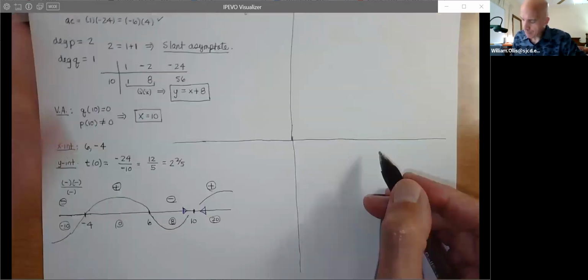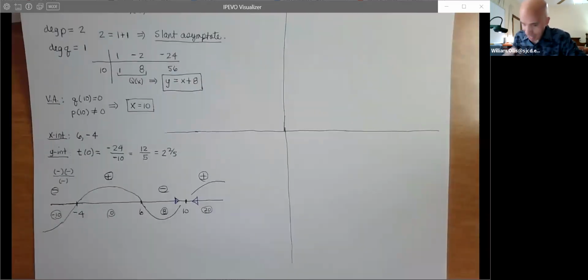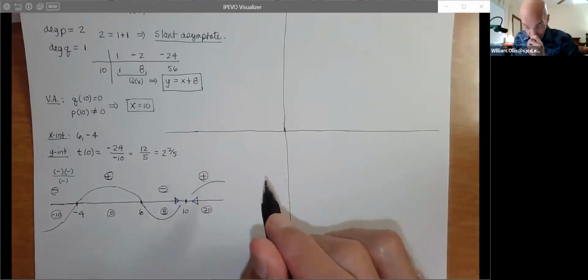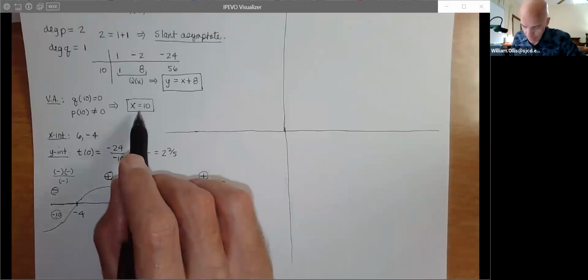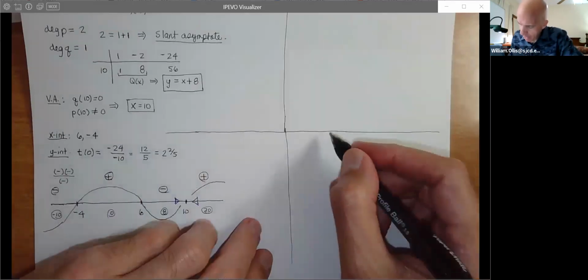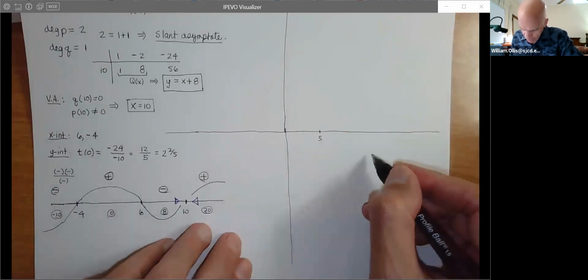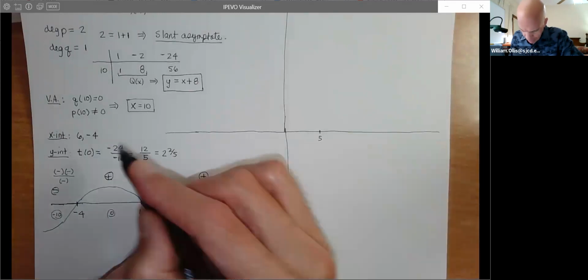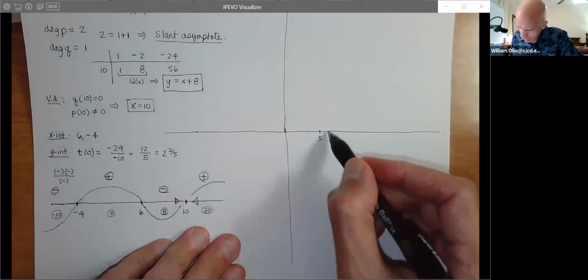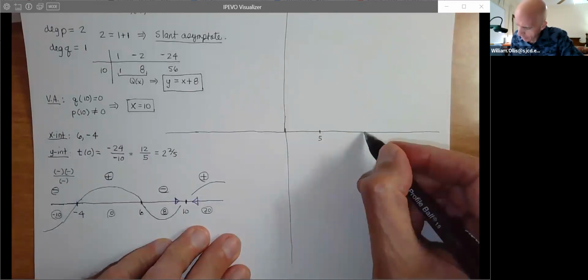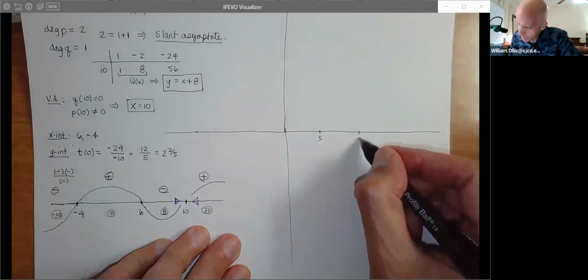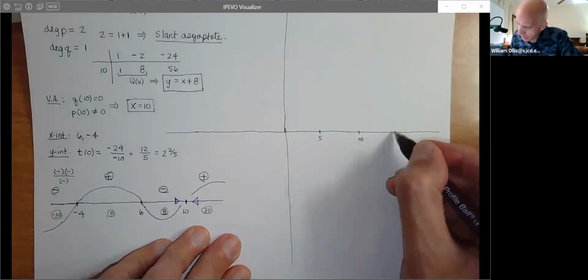And since we don't have infinite amounts of space on our paper, we've got the 10 here. So let's just go out in 5s. So we have a 5, and we'll put the 6 there, and then go out in 5s, so a 10 there, and then 15.